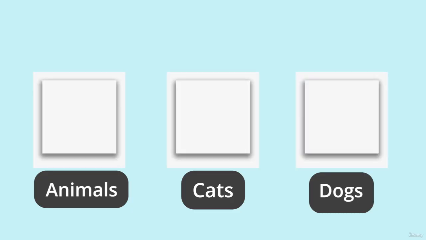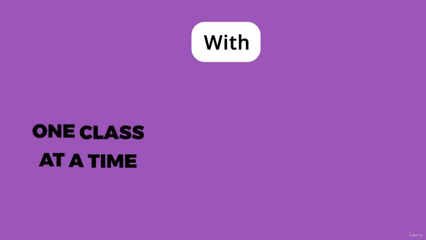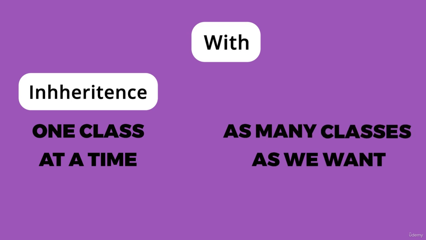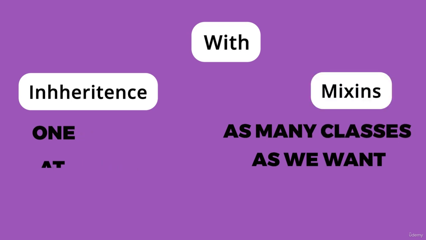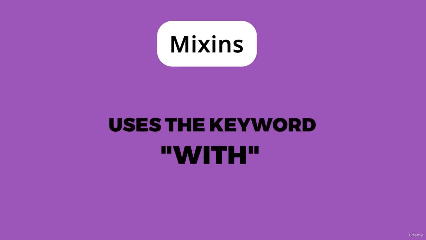Thanks to mixins, we are able to access the contents of both dogs and cats from the animals class. So basically, we can access only one class at a time with inheritance, but we can access as many classes as we want with mixins. Mixins use the keyword with.